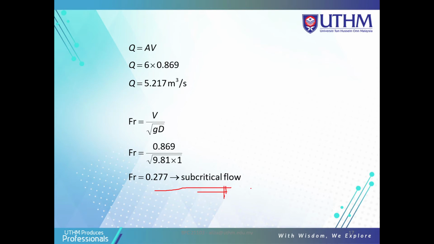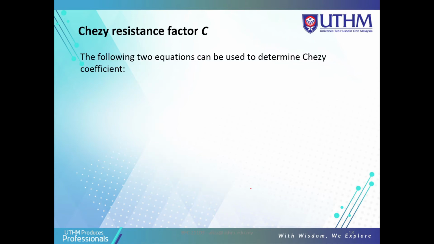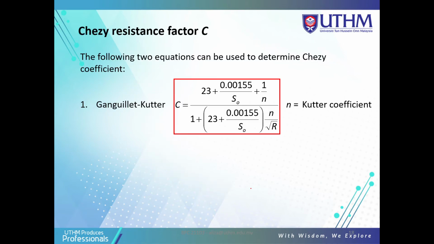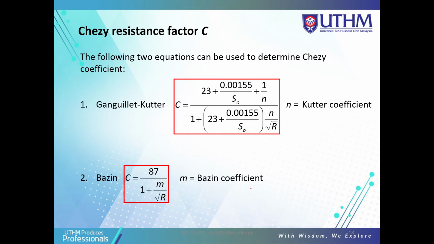Now we use the Chezy's formula. Okay, so this is the Chezy resistance factor, the factor of C. In activity 2.1 and activity 2.2, the value of C is given.